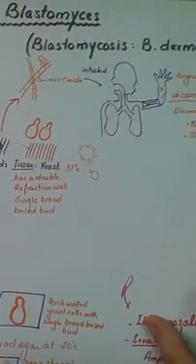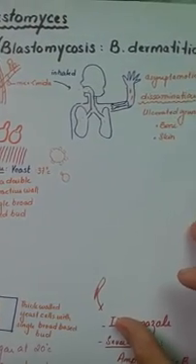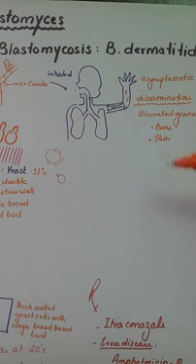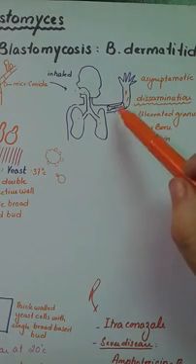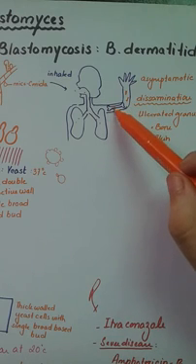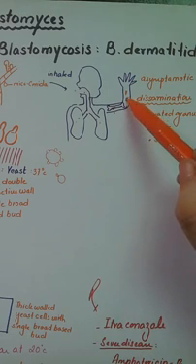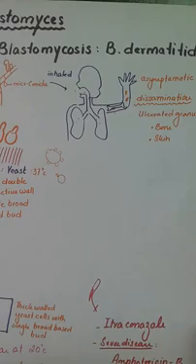Normally it is asymptomatic, but if the patient is immunocompromised or the cell immunity is quite low, it can disseminate into the bone as well as the skin, and it causes ulcerative lesions in that area.